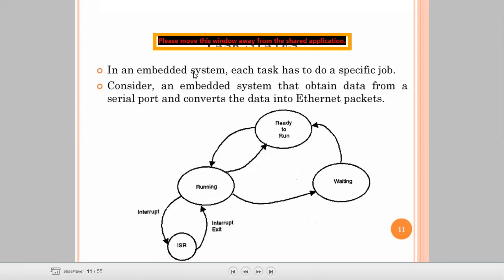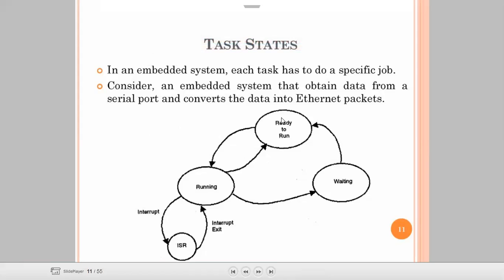So in an embedded system, suppose it obtains data from a serial port and converts the data into Ethernet packets. What are the different states available under this assumption? Ready to run.